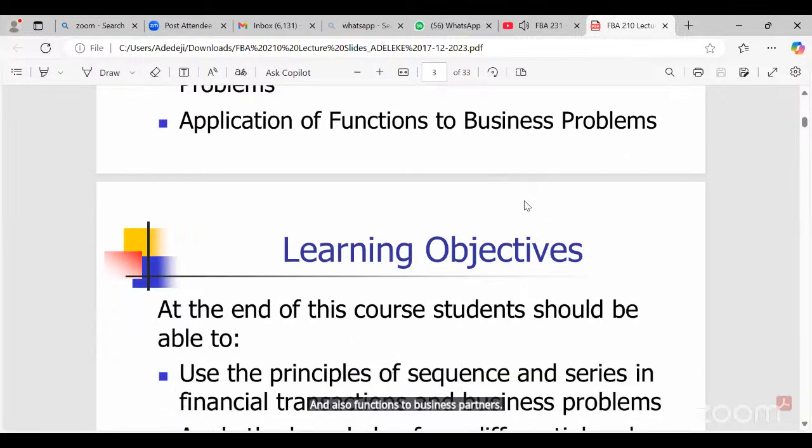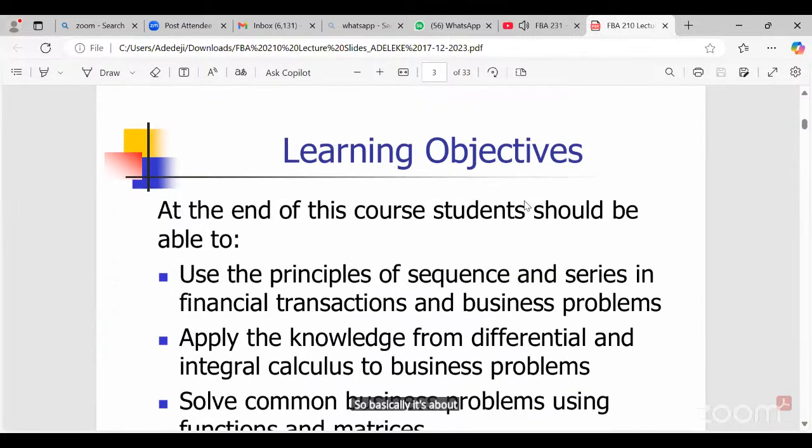Basically, it's about applying all that we have learned during our first and second semester 100 level courses, algebra and calculus, to basic business problems.